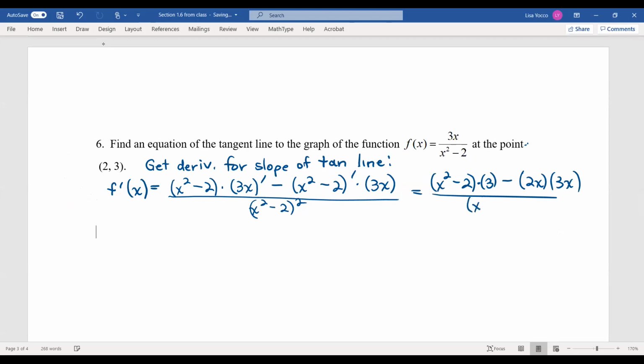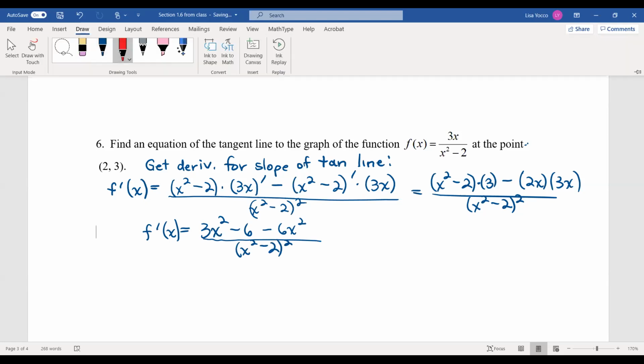Leaving the denominator alone, and now simplifying, that'll be 3x squared minus 6, minus 2x times 3x will be 6x squared. And again, still all over denominator squared.